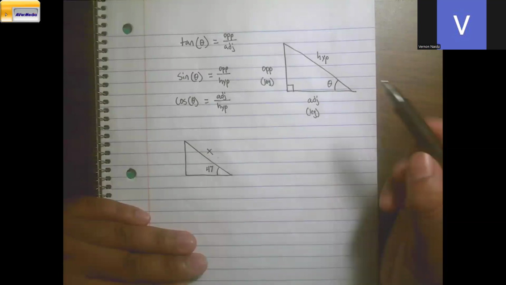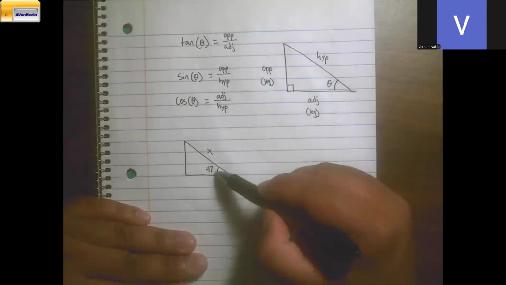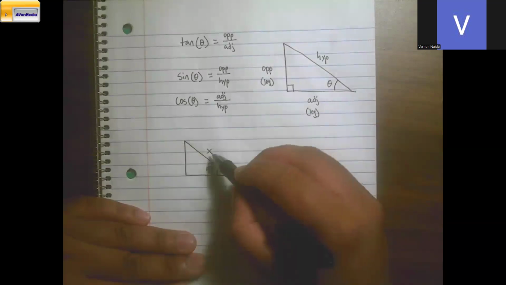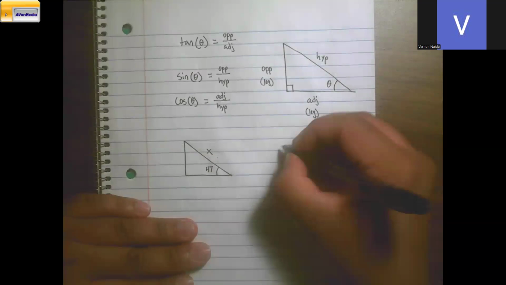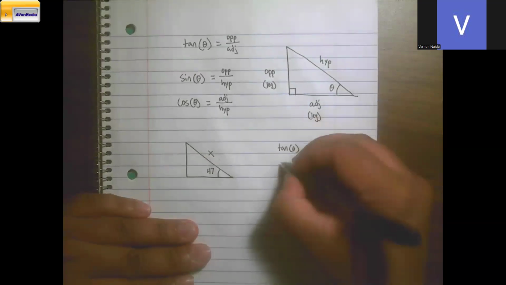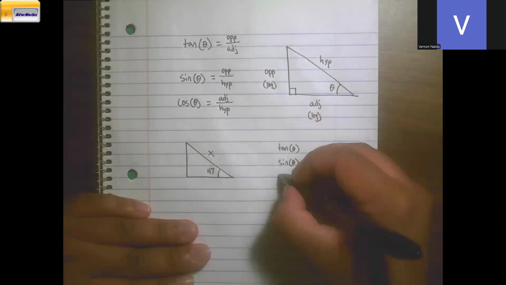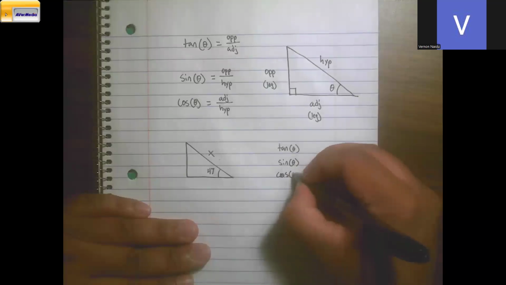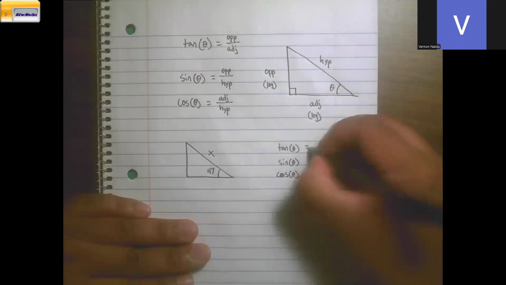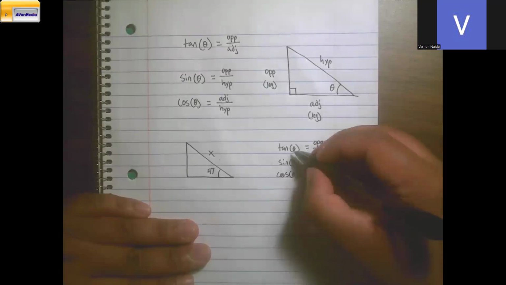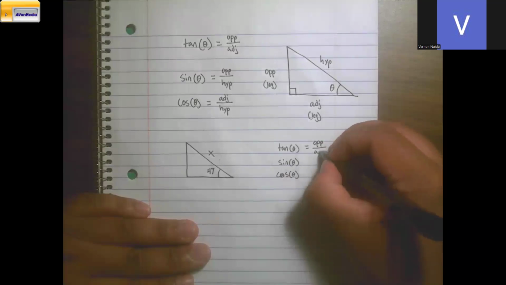If we're given our angle and there's some unknown that we're solving for, in this case, the unknown is our hypotenuse. So I'm going to put my trig ratios here. And then we're going to do a game of elimination. So I'm going to completely write out the ratio, the equation that it would be.